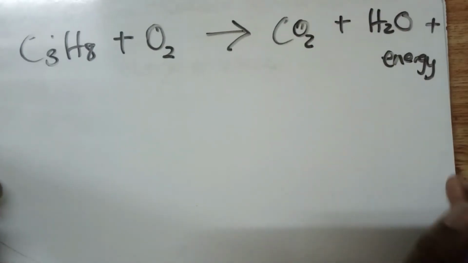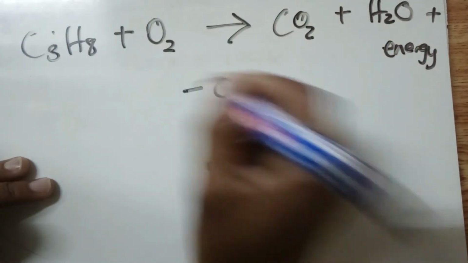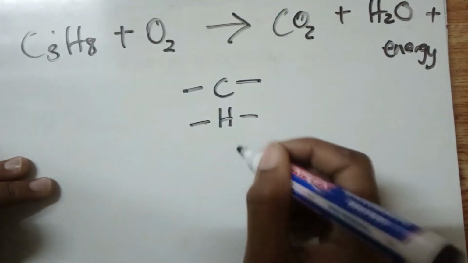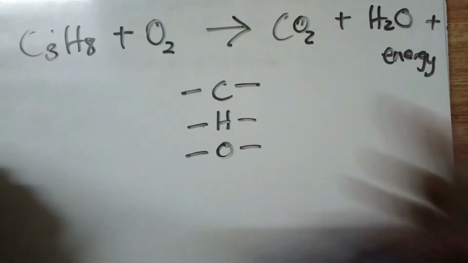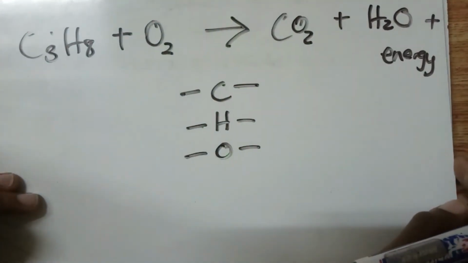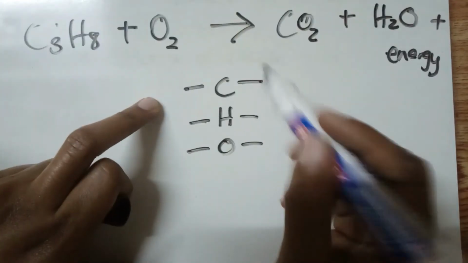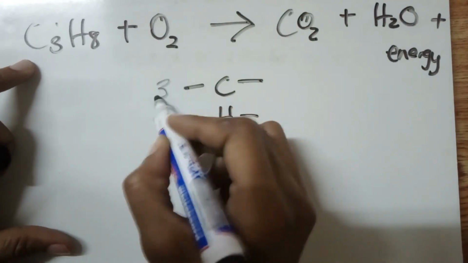Cool. So how do we balance this? We start how I normally do it. I just write all the atoms or the elements that are found in the equation. So we have carbon, hydrogen, and oxygen. Cool. So I'll look on my left hand side. How many carbons do I have? I have 3.